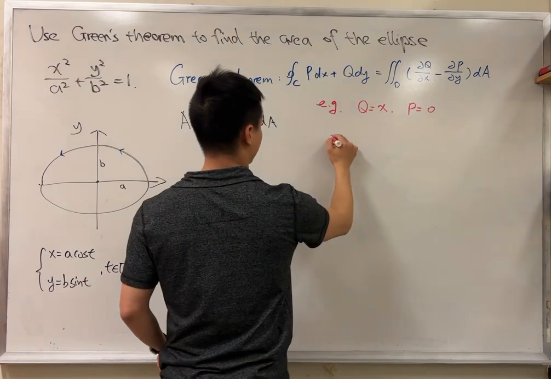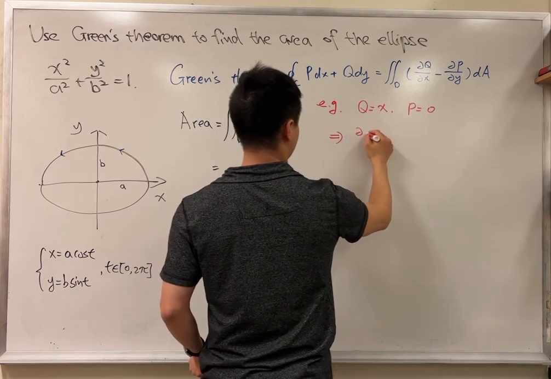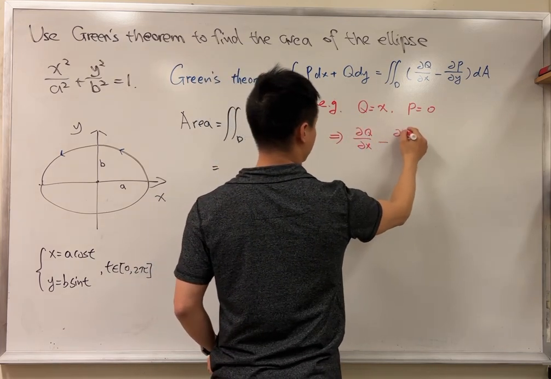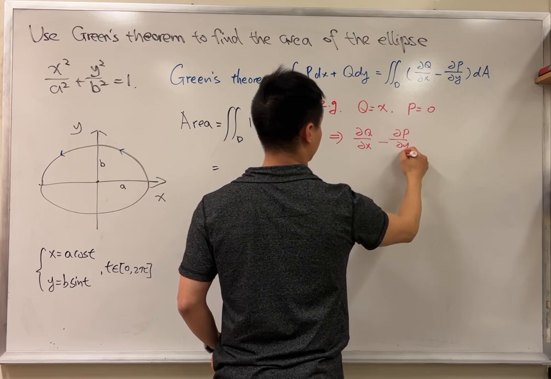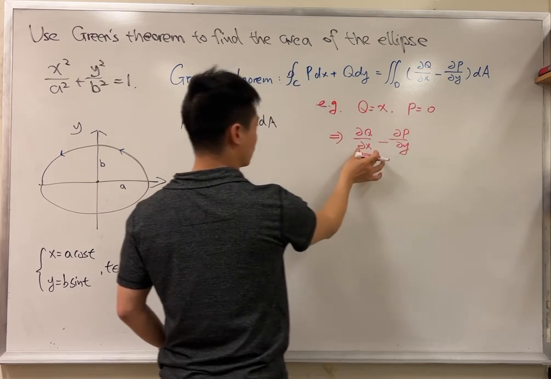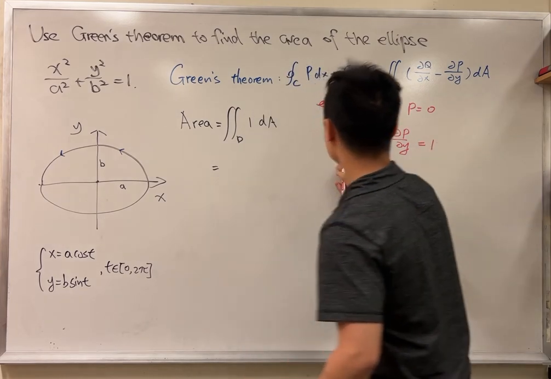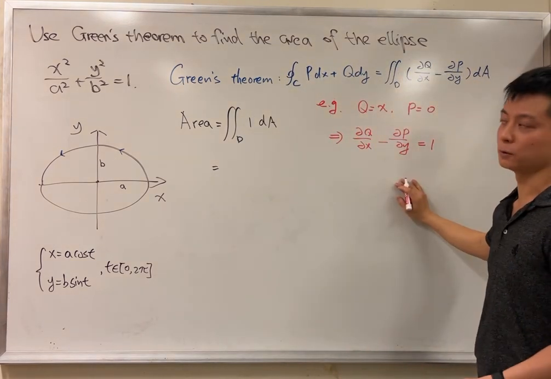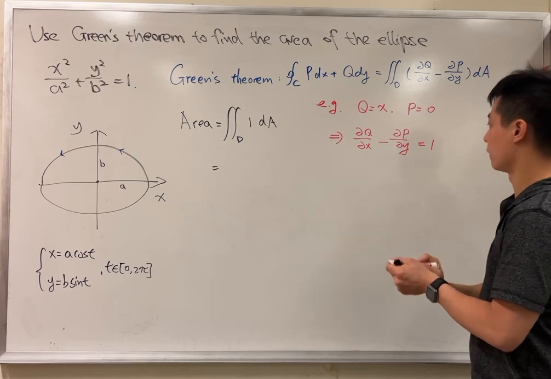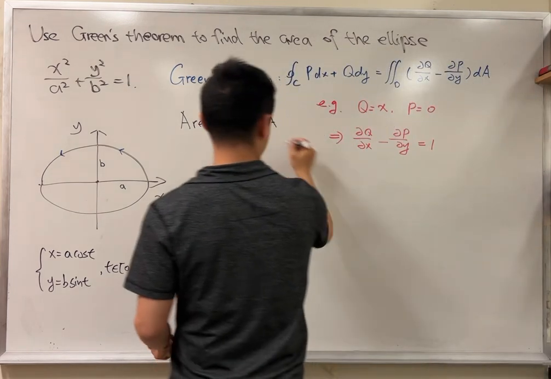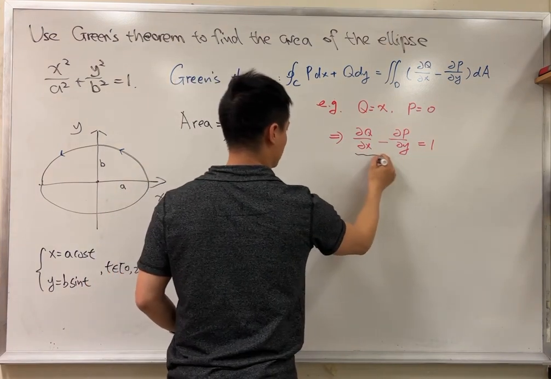Okay, we then can calculate partial Q partial x is going to be 1, right? And then partial P partial y is going to be 0. So this is going to be 1 minus 0, which equals 1. And that is a construction of P and Q. After we have chosen the functions P and Q, we then can replace this 1 with this expression.